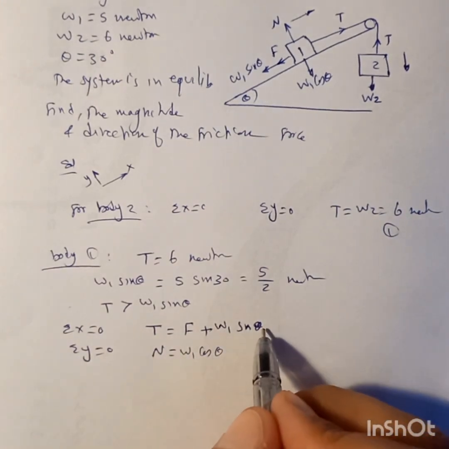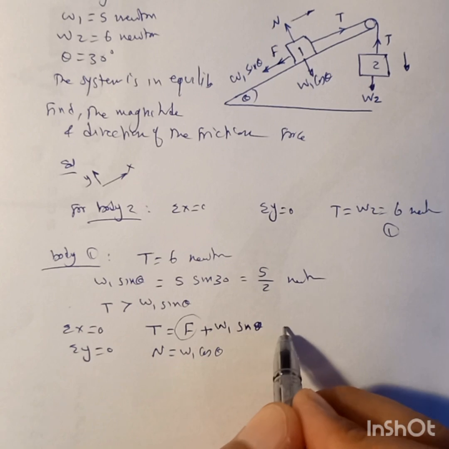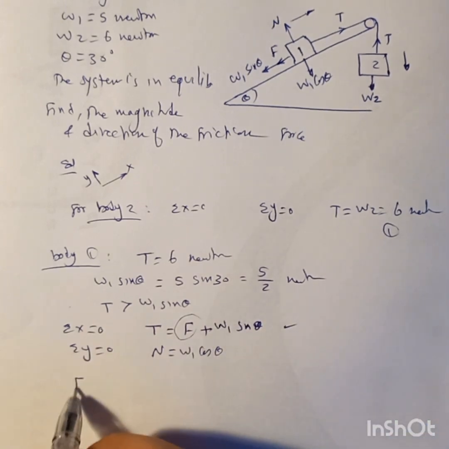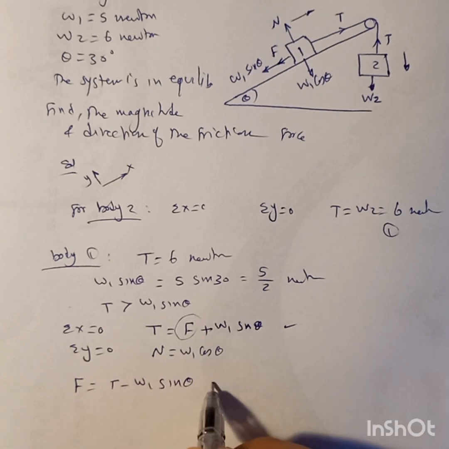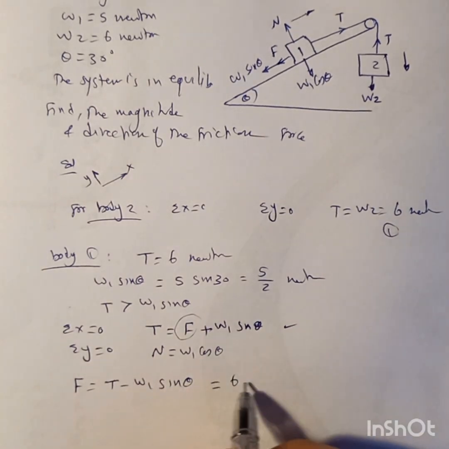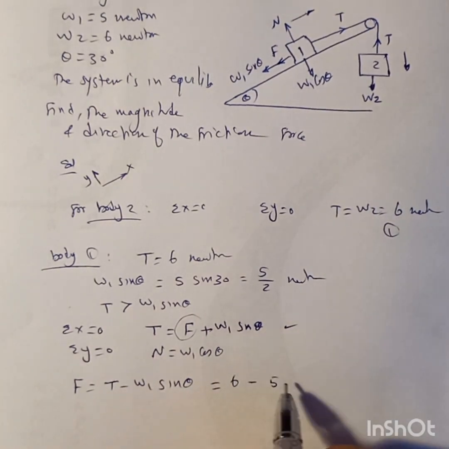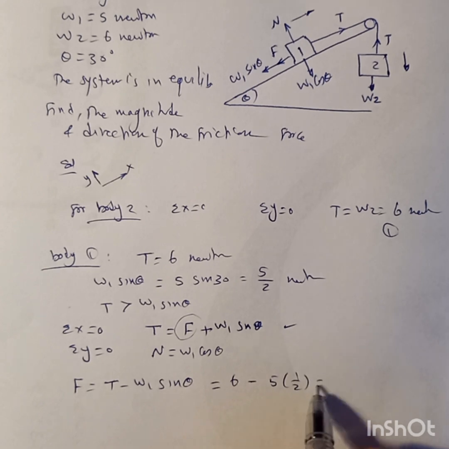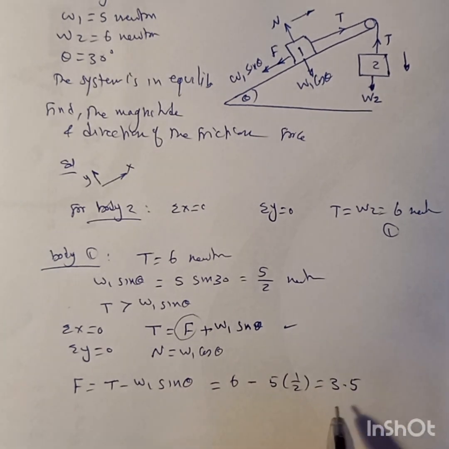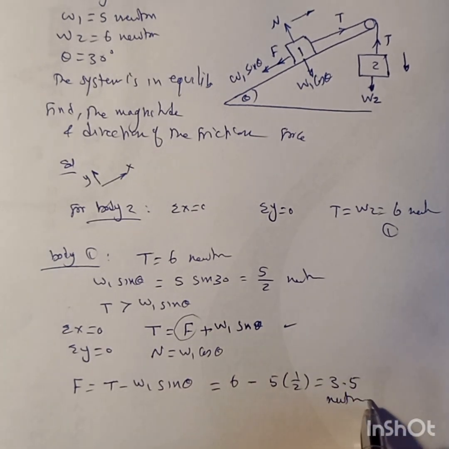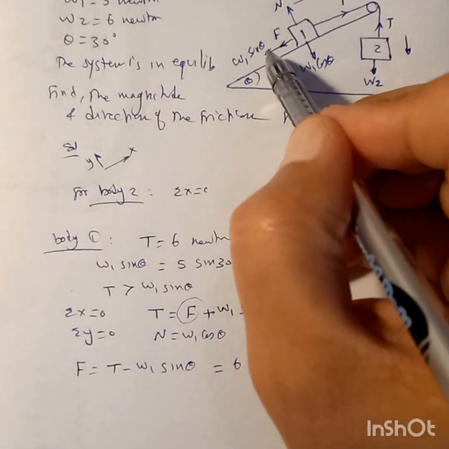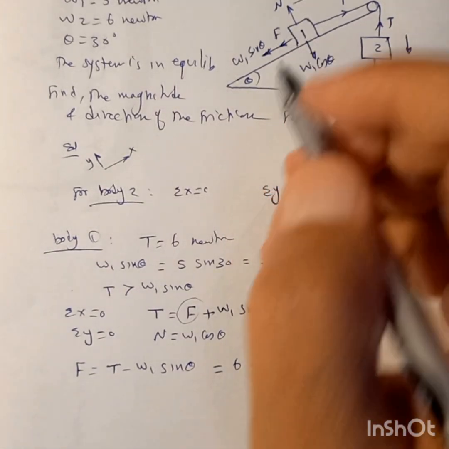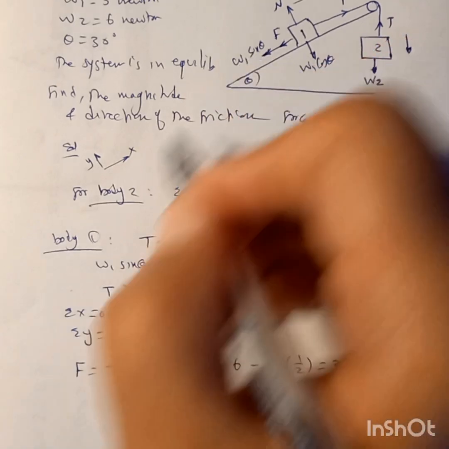It's required to find F. From this equation we can find F equals T minus W1 sine theta. Then we have T equals 6 minus W1, which is 5, times sine theta, which is half. Then we have F is 3.5 Newton, and its direction is downward along the inclined plane, in the direction of W1 sine theta.